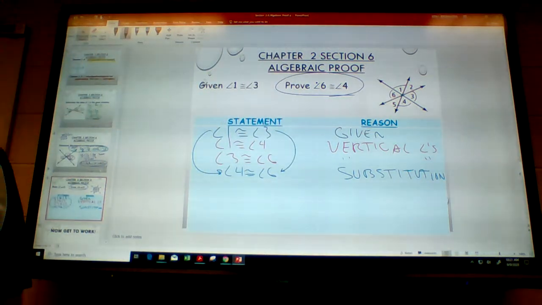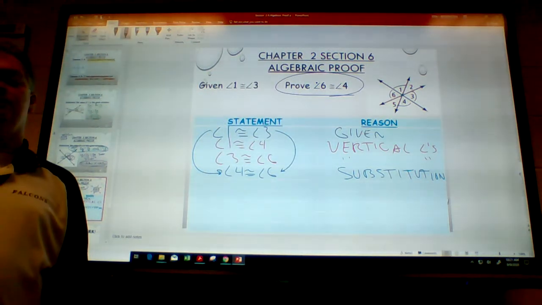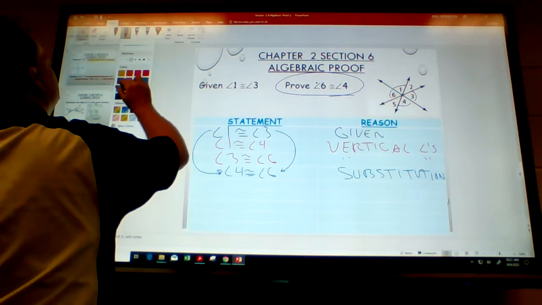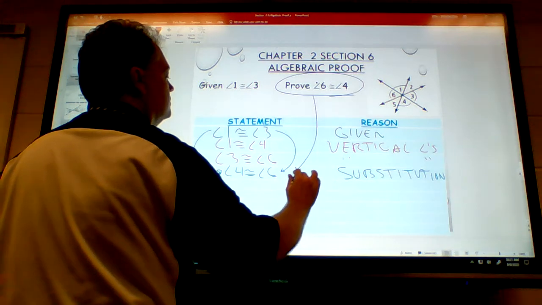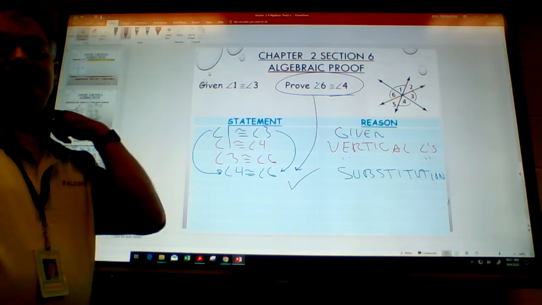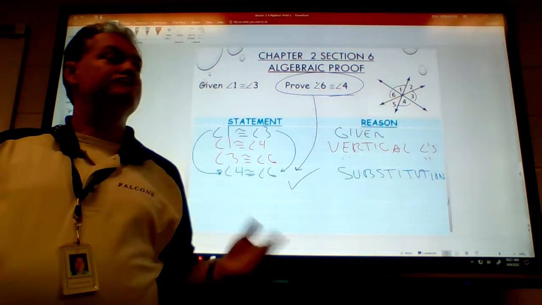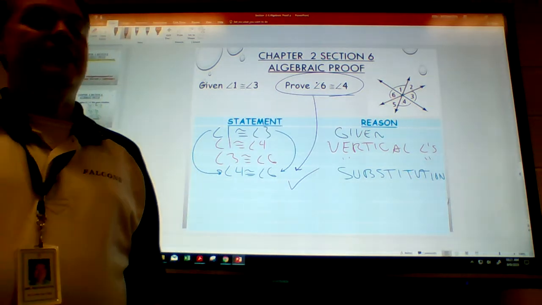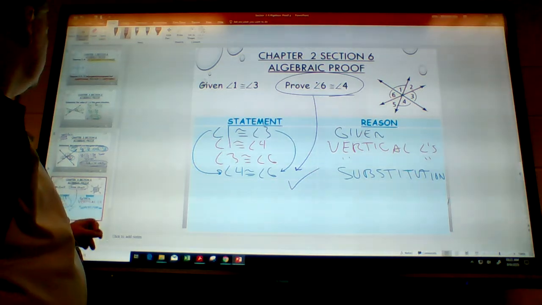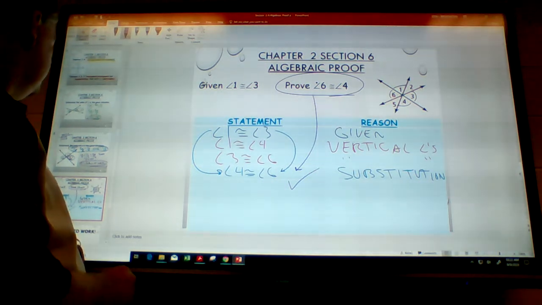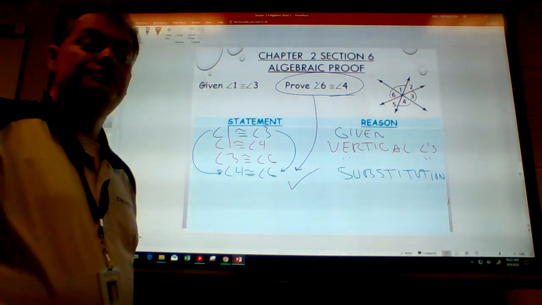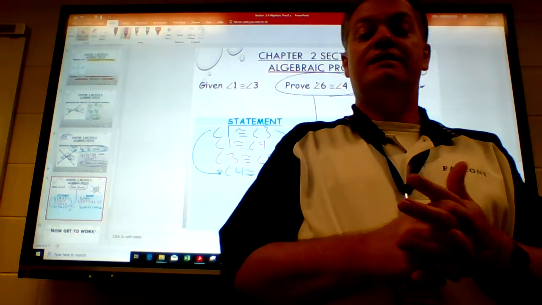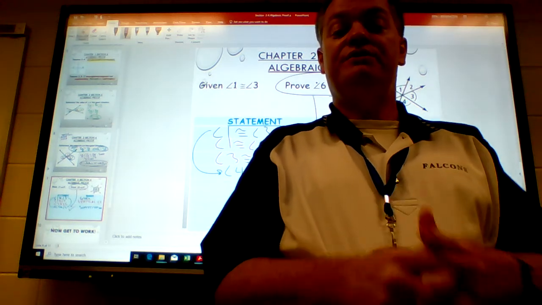So I was able to substitute two other congruent angles for what I already knew. Now I'm done. I've proven what I need to prove. Just 4 steps, and one of those steps was to give it. Now, that, ladies and gentlemen, is all of chapter 2. If you have any questions, be sure to email me and let me know. And I will be talking with you again very soon.